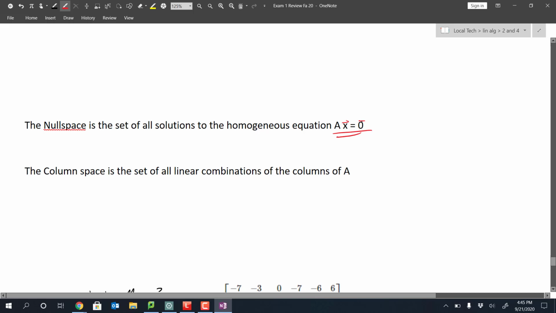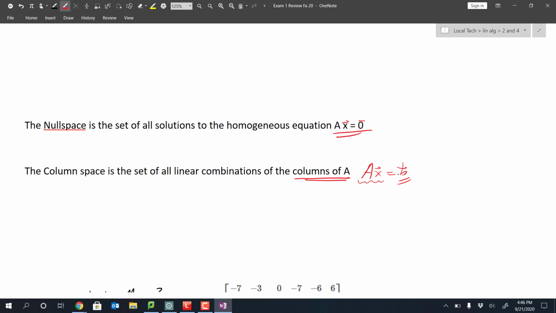The column space is the set of all linear combinations of the columns of A. If I took A and multiplied it by x, one way I can do that multiplication is the linear combination process, which means the b's that I could generate through multiplication would all be linear combinations of the columns.